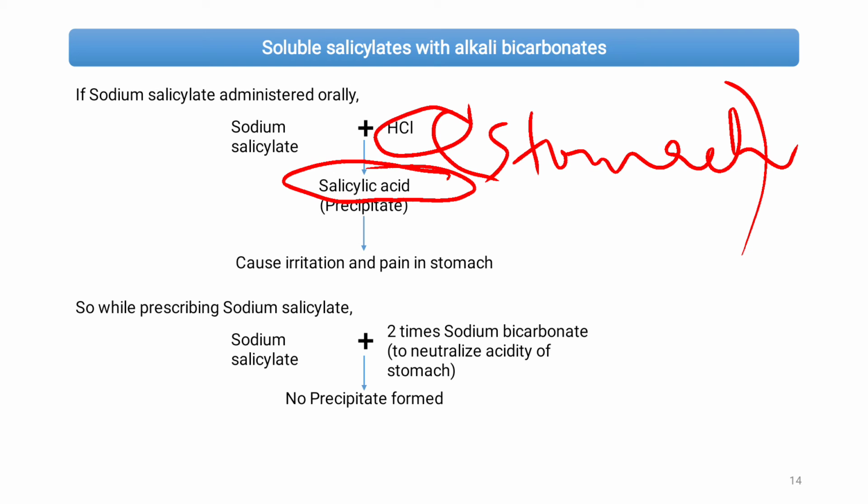So this sodium bicarbonate can neutralize the acidity or HCl which is present in the stomach, so that no precipitate will be produced. There will be no HCl for reacting with the sodium salicylate and no salicylic acid will be formed, that is, there will be no precipitate.